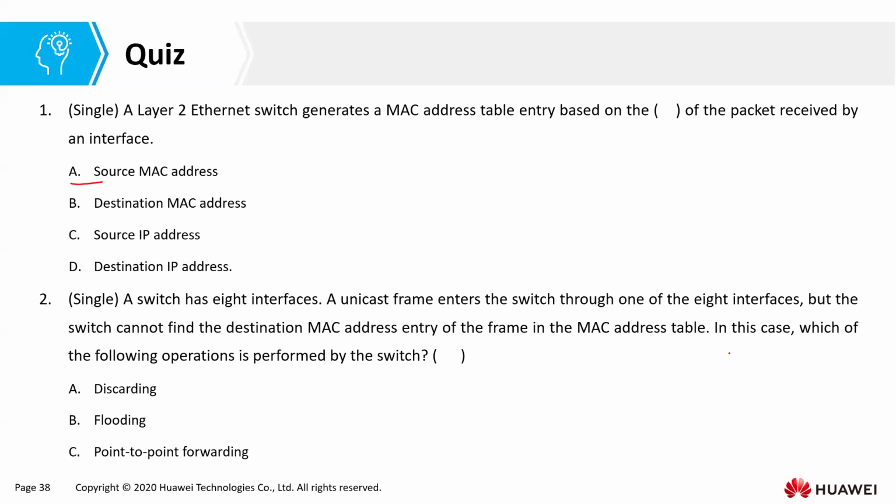In this case, which one of the following operations is performed by the switch? Flooding. If we cannot find the destination MAC, then the process is flooding. Very simple. Any questions? Yeah, this one was simple, no questions.